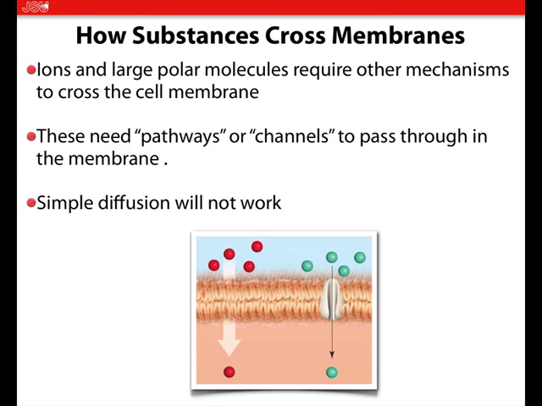Okay, the green spheres would be larger molecules or polar molecules. Both of these, what direction are they going? They're going from high concentration to low concentration. So they're going the same way, down the concentration gradient. But what's the difference? Here, there's a tunnel that connects the two. And we call this facilitated diffusion because there's a channel, a tunnel, that is helping diffusion take place. Okay?